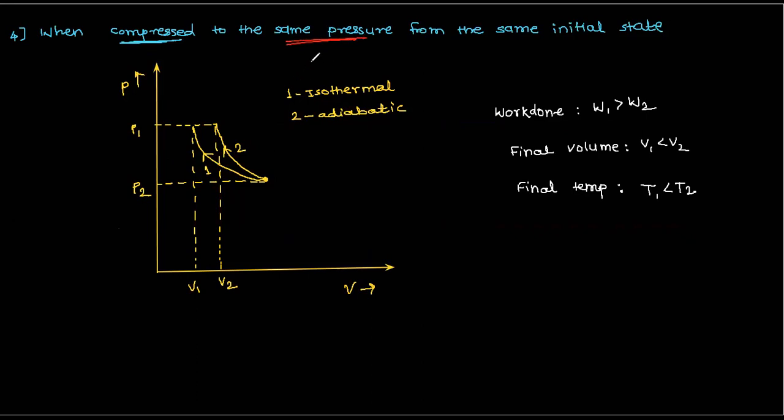One time we kept the same volume, expanded, compressed. One time we have kept the same pressure, expanded, compressed. So here work done is again greater in isothermal only. Volume for 1 is greater than volume for 2, and final temperature T1 is less than T2. That is, the temperature of the adiabatic process is greater than the isothermal process.